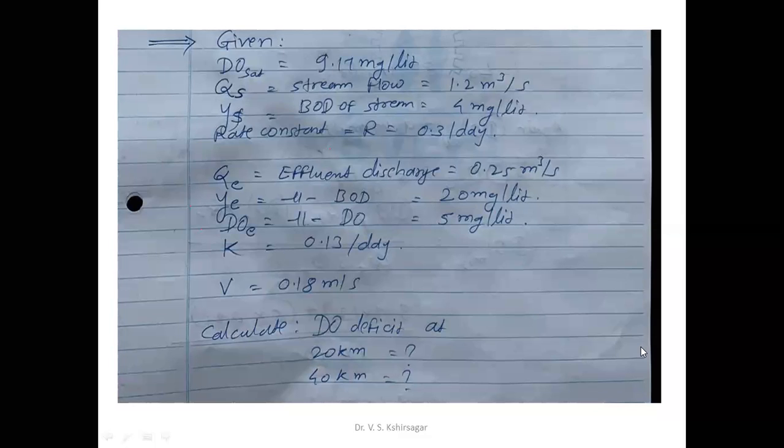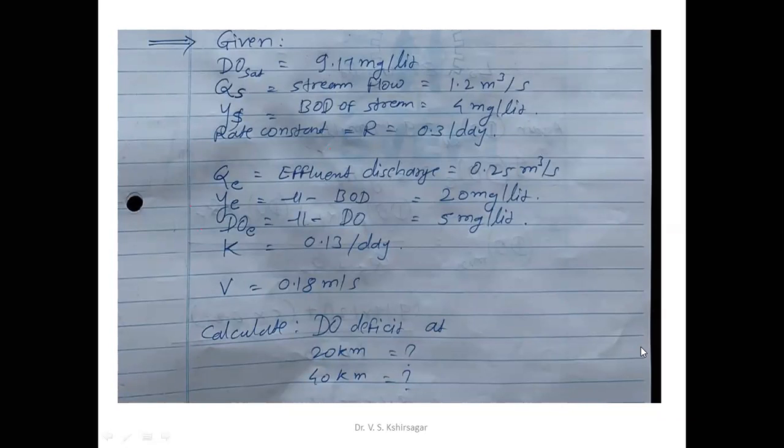Then YS; intentionally for the S I have used the dollar sign to avoid confusion, because many times we have to use Y5, Q5, DO5. So YS, the BOD of the stream, is given as 4 milligram per liter.